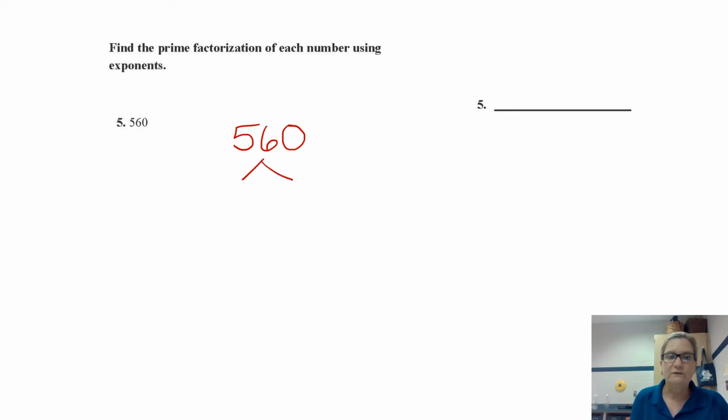I'm going to do 56 times 10. Then I'm going to break 10 down into 2 times 5. These 2 and 5 are prime numbers, so I'm going to circle them. They're the dead ends. All right, and then here, 56 would be 7 times 8.